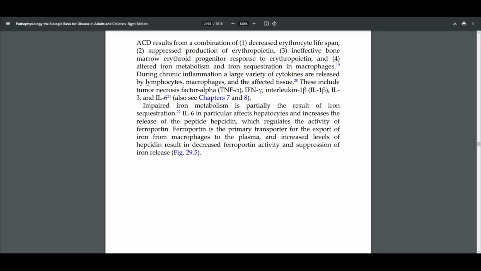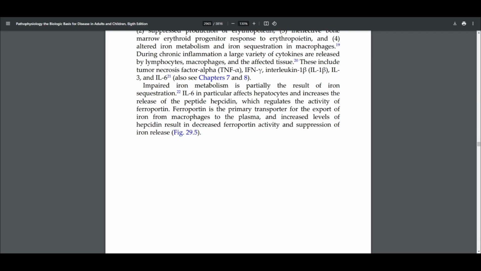Impaired iron metabolism is partially the result of iron sequestration. Interleukin 6, in particular, affects hepatocytes and increases the release of the peptide hepcidin, which regulates the activity of ferroportin.